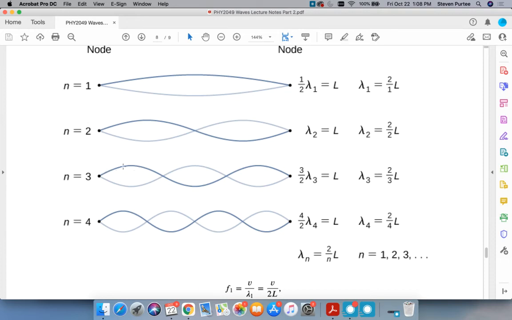These other nodes here, these other standing waves, we call harmonics. Well, they're all called harmonics, but these harmonics would not be the same pitch. So when you listen to a particular note on an instrument, you're not just hearing a pure note. If I play an E note on a violin, you're not just hearing a pure E note.